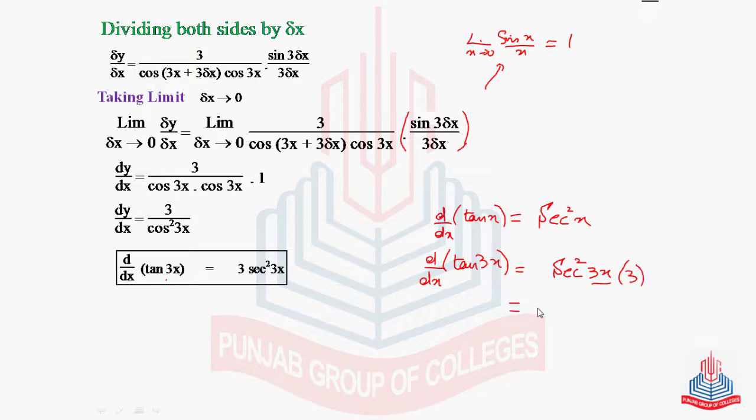So 3 into secant square 3x will be the derivative of tan 3x. So again we may conclude that the derivative will apply first on this trigonometric function, and then on this angle. So the derivative of tan is secant square, and the derivative of 3x will be 3. So we have here 3 secant square 3x as the derivative of tan 3x.